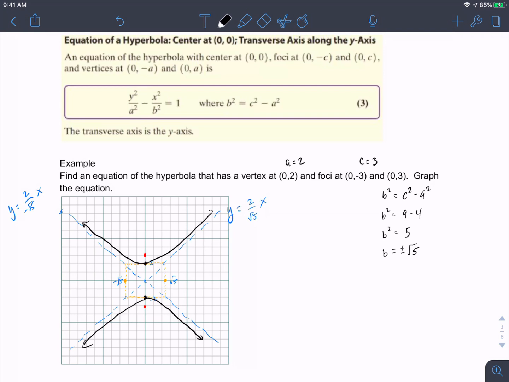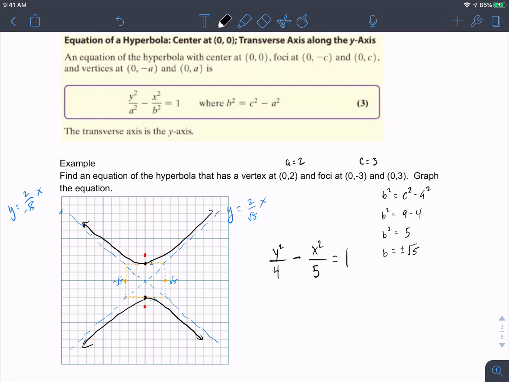And again, the equation that we're going to get is y squared over our a squared, so that's 4, minus x squared over b squared, which is 5, and there we go.